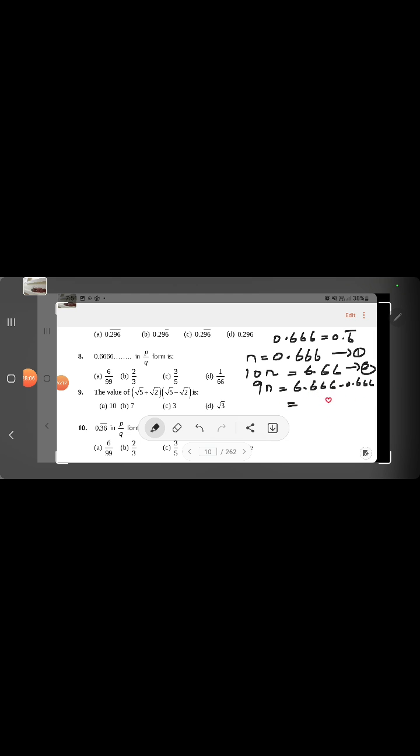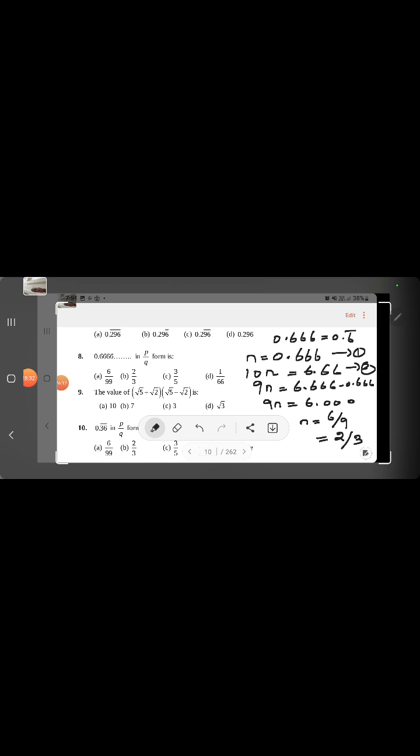When you subtract this, you get 6.000. So n is equal to 6 by 9. Cancelling this by 3, you get 2 by 3. So 2 by 3 is the rational form of the given decimal value, 0.666.